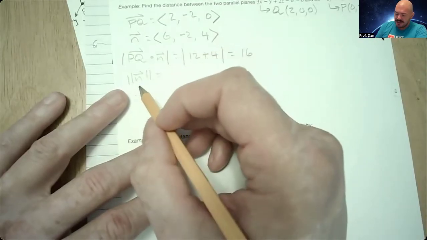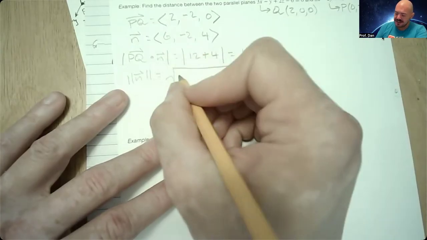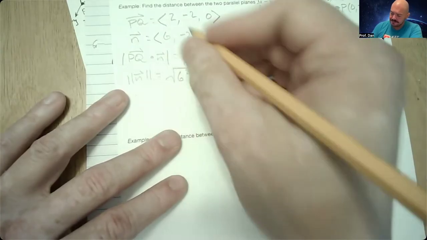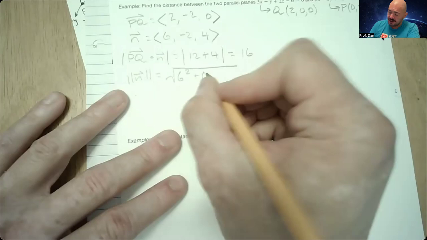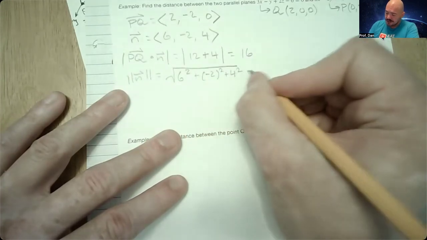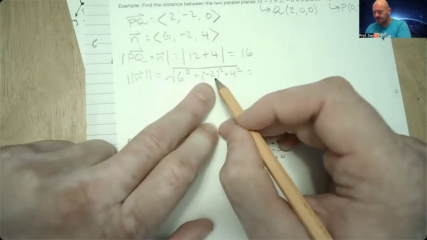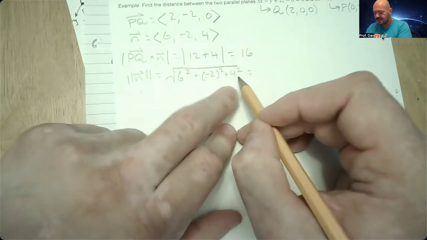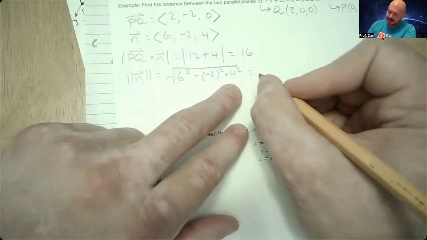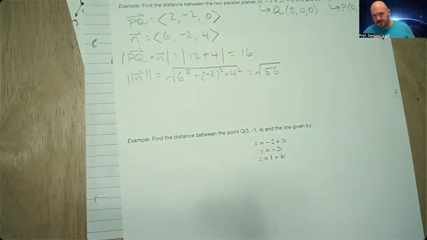And then for the magnitude of N, remember we're using our extended Pythagorean theorem. So that's going to give me 36 plus 4 gives me 40 plus 16 gives me 56. So I get the square root of 56 as the magnitude.